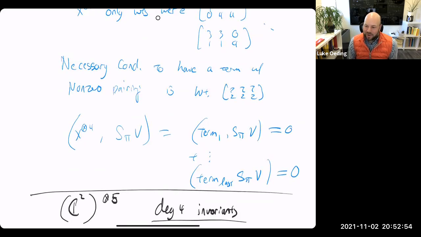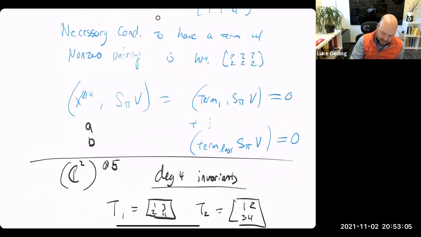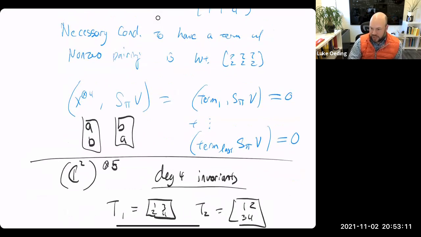So one way would be if you have one term that is the opposite of another term, right? The simplest example of which would be if you had AB on one term and BA on another term. And you know the shuffling rule is that changing the order in a column, you pay by the sign of the permutation. So if you ended up with something like this, then you would get 0, okay?